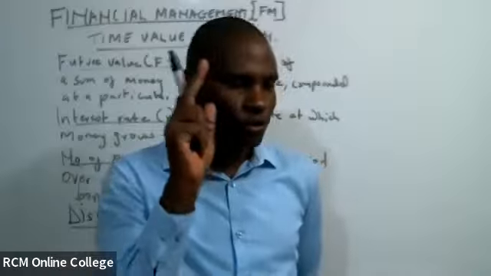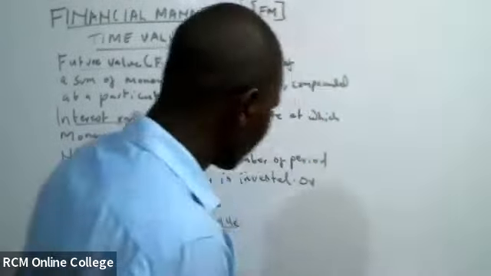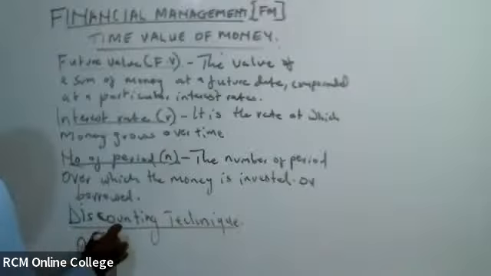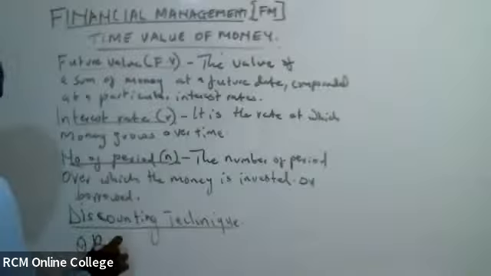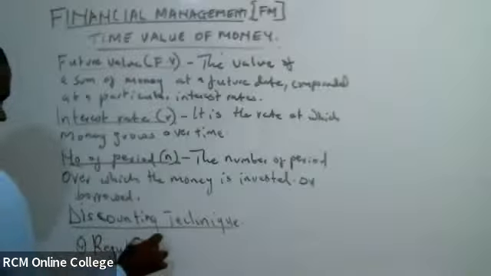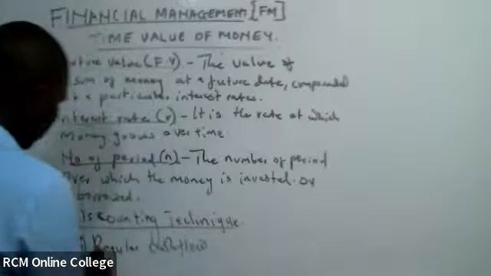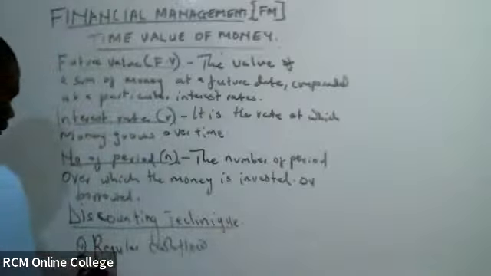We said we have two types of cash flow. Type one, regular cash flow, and type two, irregular cash flow.